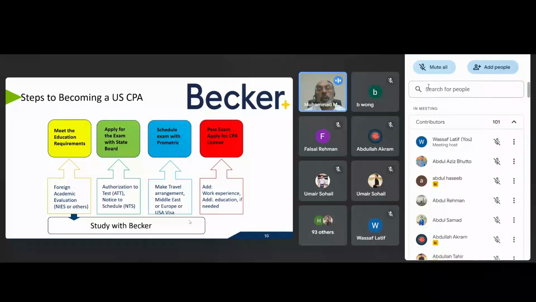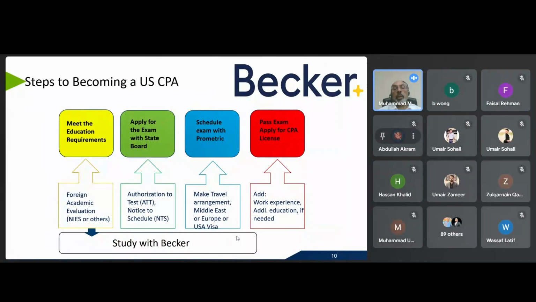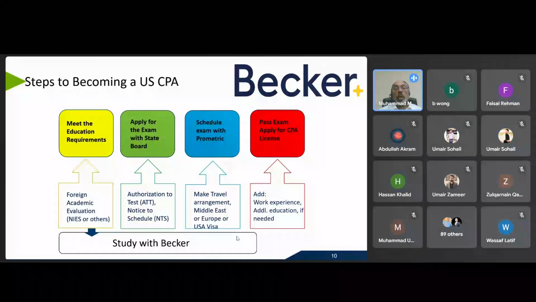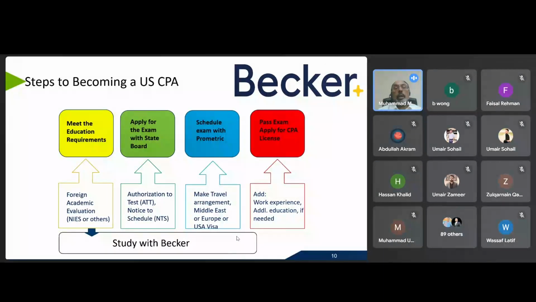So you should be taking the exam within the next 6 months. Otherwise, you have to re-register for the exam. So it's better you start preparing, and when you think that in the next 3 to 4 months you would be ready to take the exam of a certain section, you can at that time apply for examination with the state board, and we'll talk about examination later on.